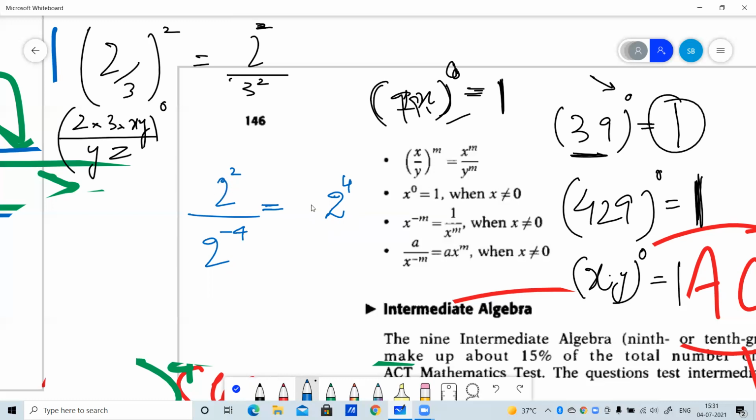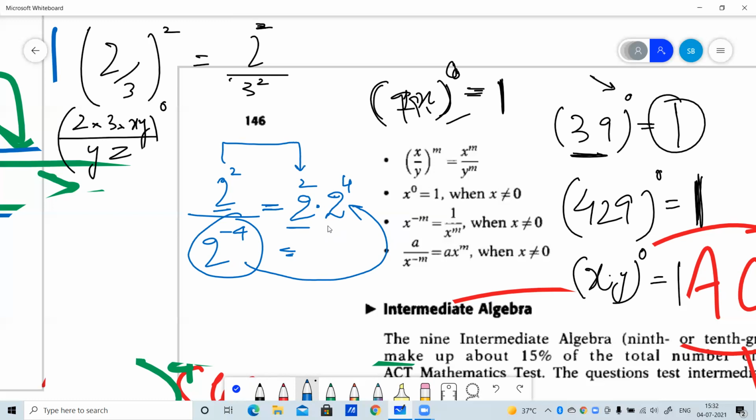Correct. 2 to the 2 is as it is, but 2 to the power negative 4, which is in the denominator, I have put in the numerator with the changed sign. And then you can solve it.